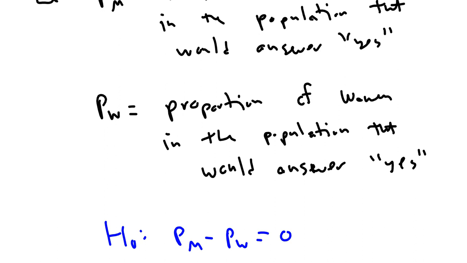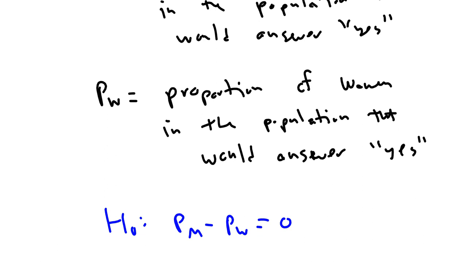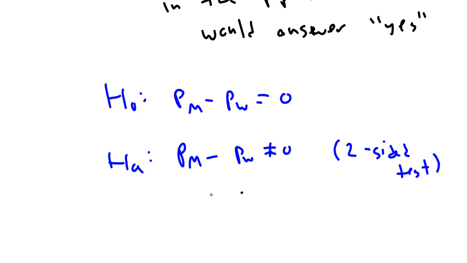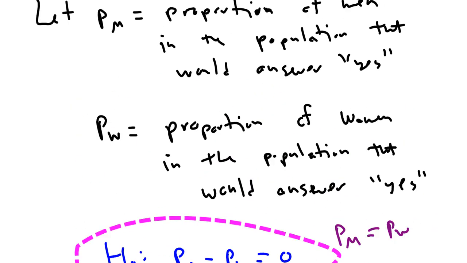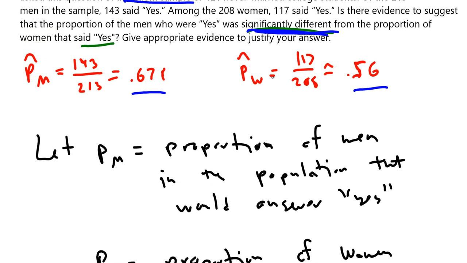says. If you look at H0, here it is. Here's your H0 and HA. H0 is saying that the difference between the proportions is 0. So that's the same thing as saying that these two things, p, the proportion of men who say yes, equals the proportion of women who say yes. Well, if they're equal, then we should be able to take our 2 p hats and combine them into 1 p hat combined.